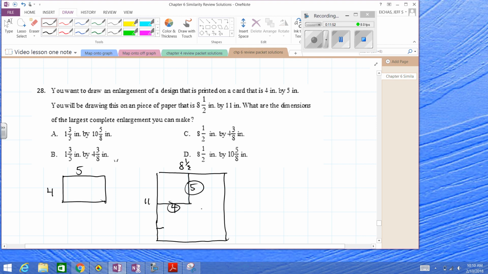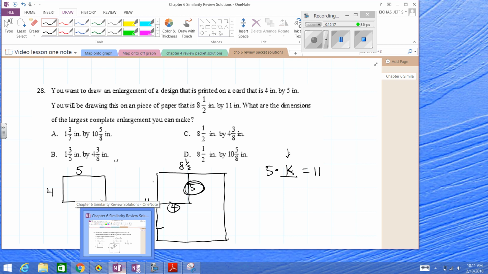Okay, so here's what I'm going to do. This is going to be a little bit weird. All right, 5 times what can get up to 11? Now what we'll do is we'll test that. So that's 11/5, right? So one scale factor we'll try is to map the 5 all the way to the 11.